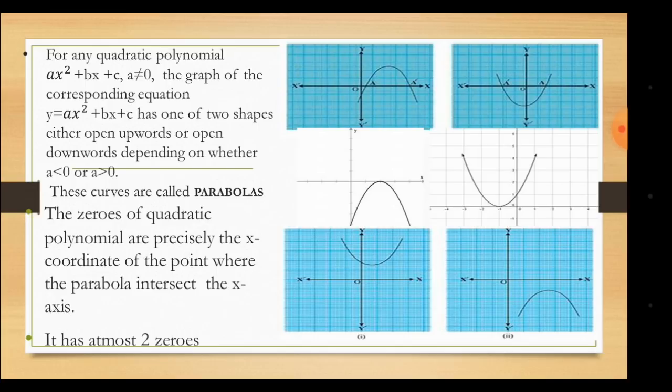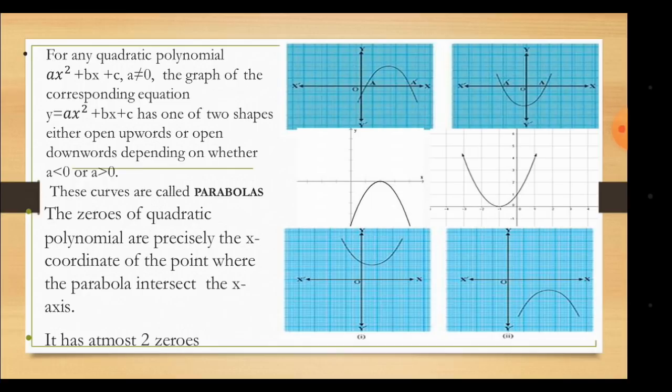So see here, some graphs open downwards, some open upwards. Two types of parabolas you will get. So when the value of a means what? a is the coefficient of x square.